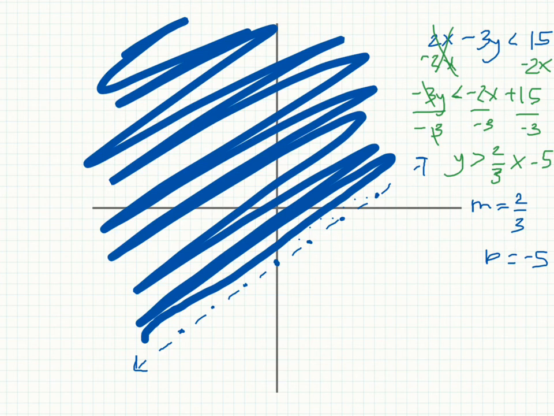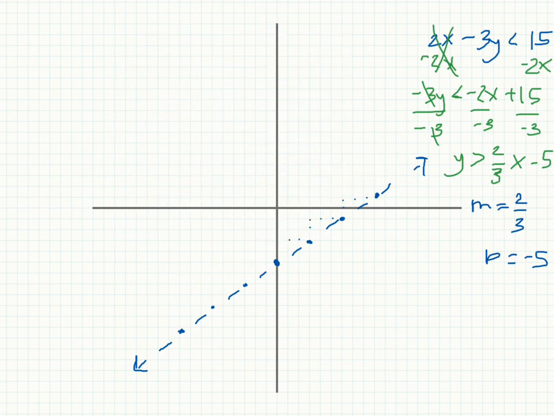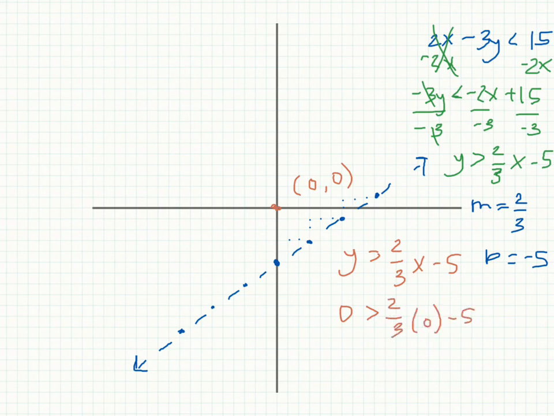If we were critically thinking about this, I would have selected a test point. So the point (0, 0), that's always the easiest one to do if you can. And when we substitute it into y is greater than 2/3 x minus 5, we get 0 is greater than 2/3 times 0 minus 5, or 0 is greater than 0 minus 5, or 0 is greater than negative 5.